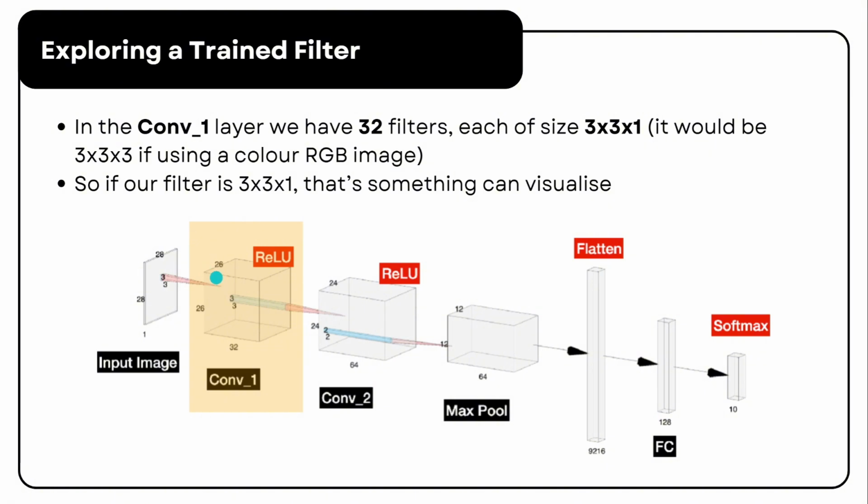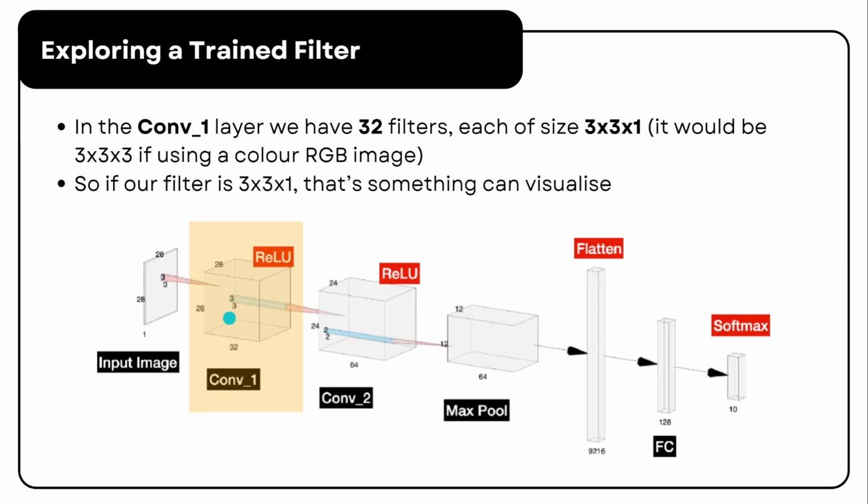When we start training, these filters, or the slices of 3 by 3 by 1 matrices here, are initialized with random values. So what happens after training? What do these filters actually look like once the model has learned something? The great thing is, yes, we can absolutely visualize them.